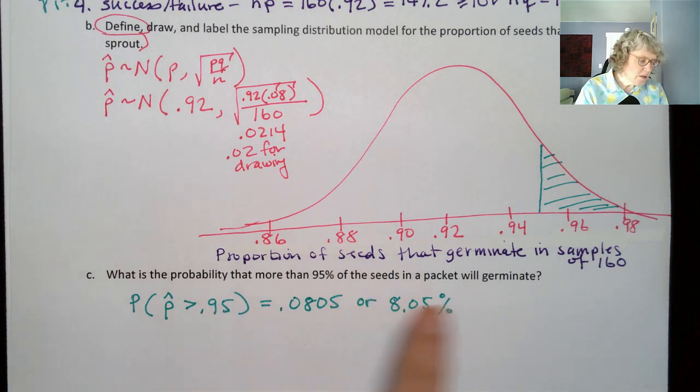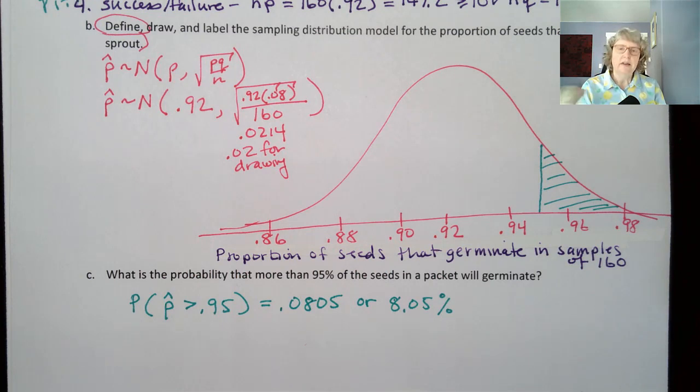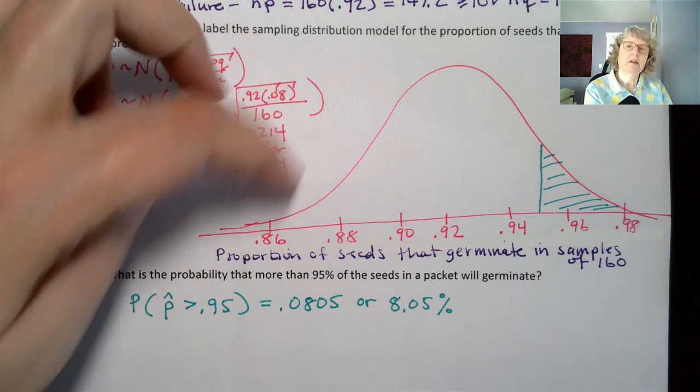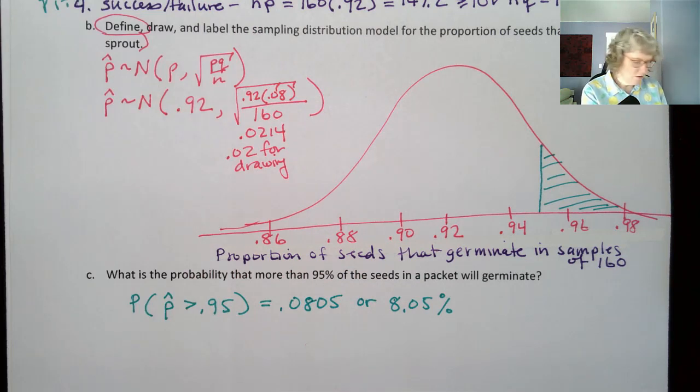So this is very similar, but now instead of counting those dots from a simulation, that's an empirical probability. This is a theoretical probability. We're using this model, if the conditions are met, and we can use that model to find our probabilities. Pretty cool, huh?